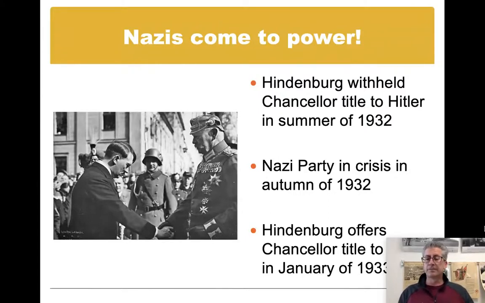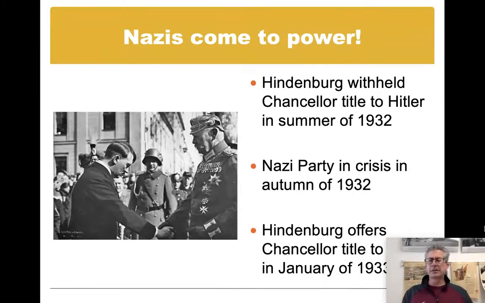There are some elements within the Nazi Party that would like to challenge Hitler for leadership. They spent a lot of money in that earlier election in 1932, so they're on the verge of bankruptcy. And he's also on the verge of losing the support of conservatives like some of the business leaders. So he has to find ways to shore that up.